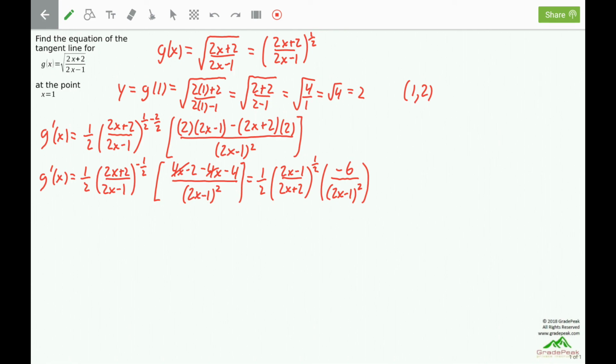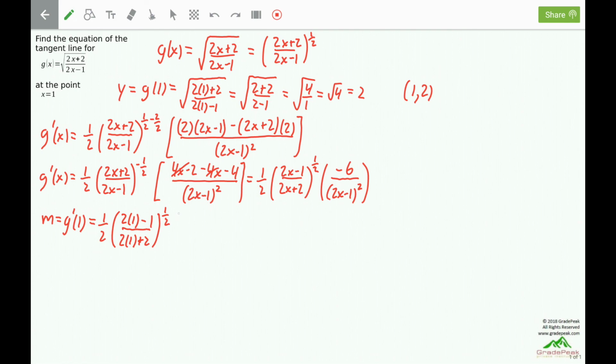I think we're good enough where we can evaluate it at 1. So our slope is going to be g prime of 1, which will be a 1/2 times (2 times 1 minus 1) over (2 times 1 plus 2), and the entire thing to the 1/2 power, which means square root.